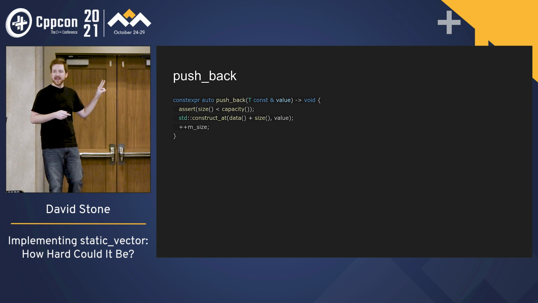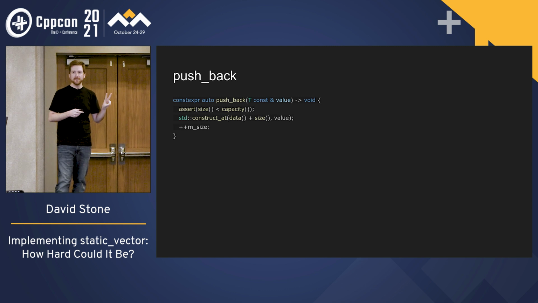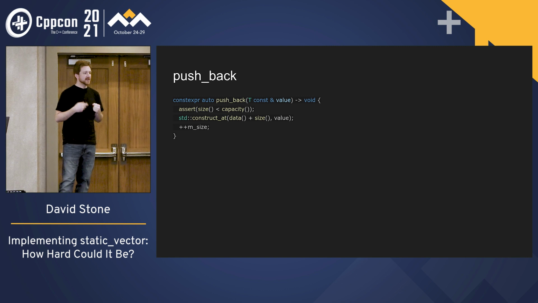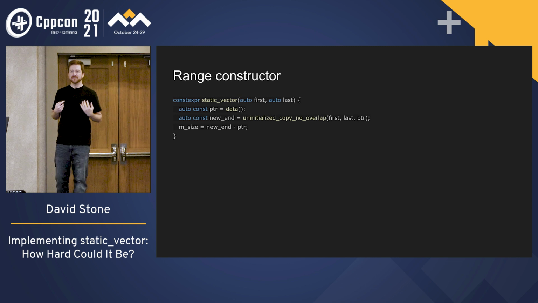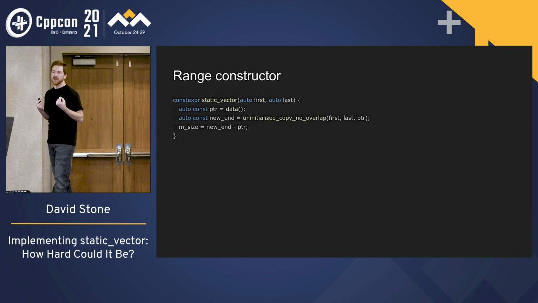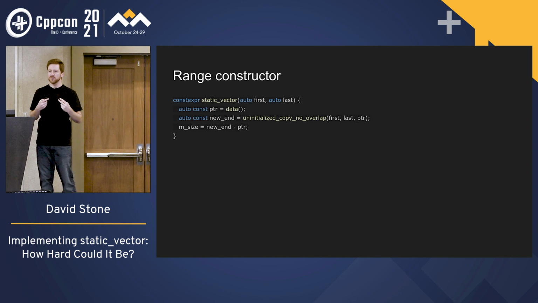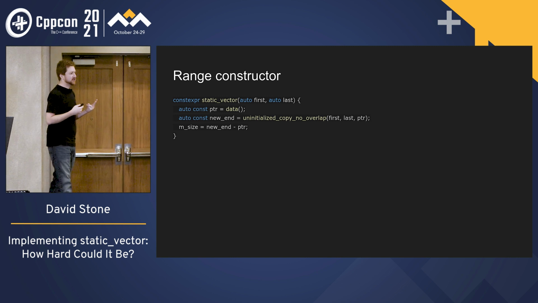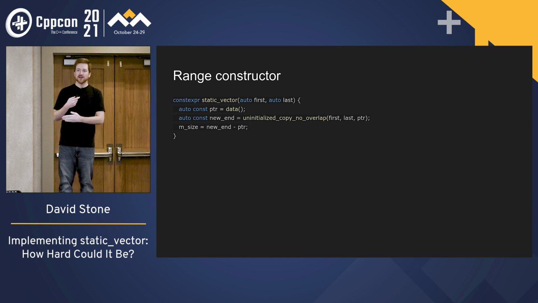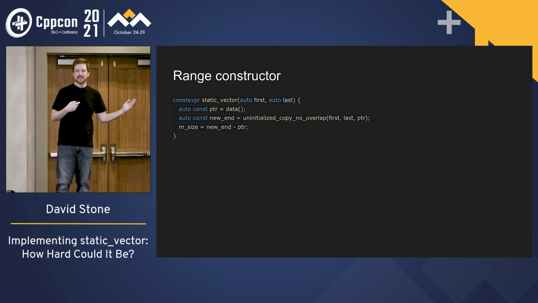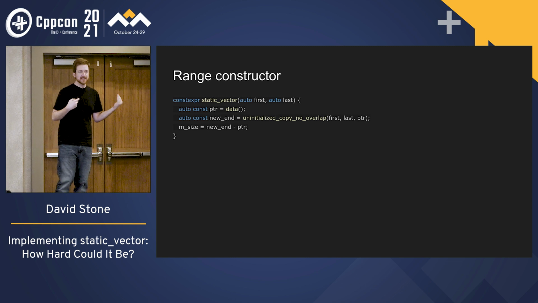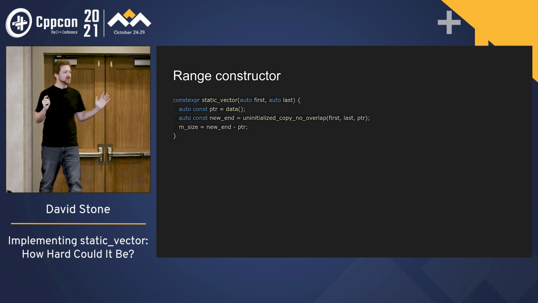Because that range, that iterator pair that we're passing in, what if it's forward iterators? Now it's expensive to check the size. The very thing we were trying to avoid before is doing work twice. If the user has to check the size first, and they just have two forward iterators, they have to iterate over the whole range to check the size, to know whether it would fit, to know what to do. And that's not even the worst case.